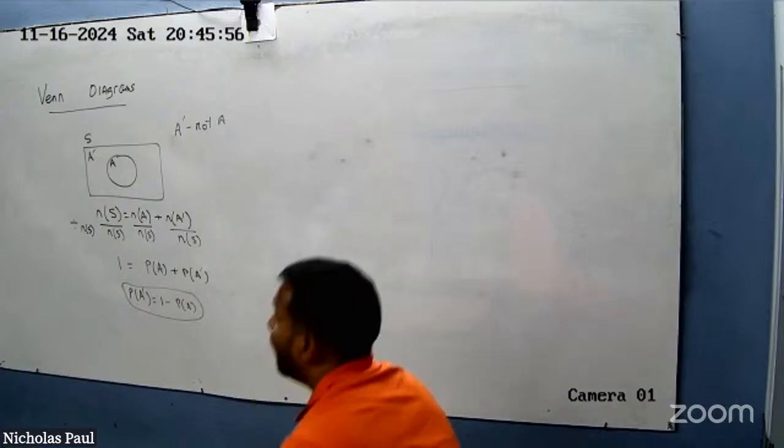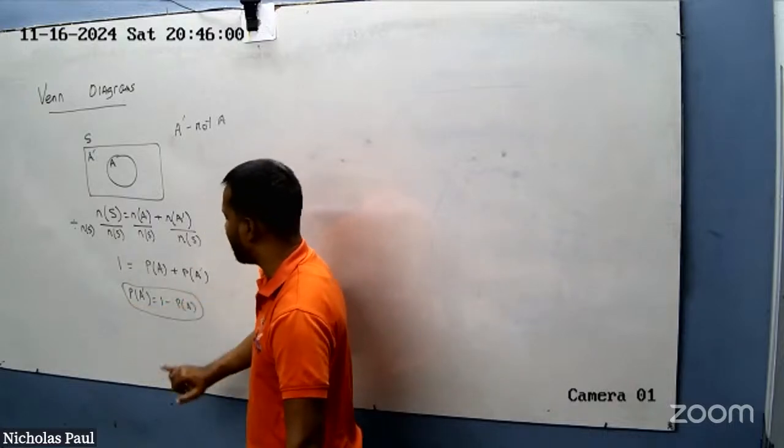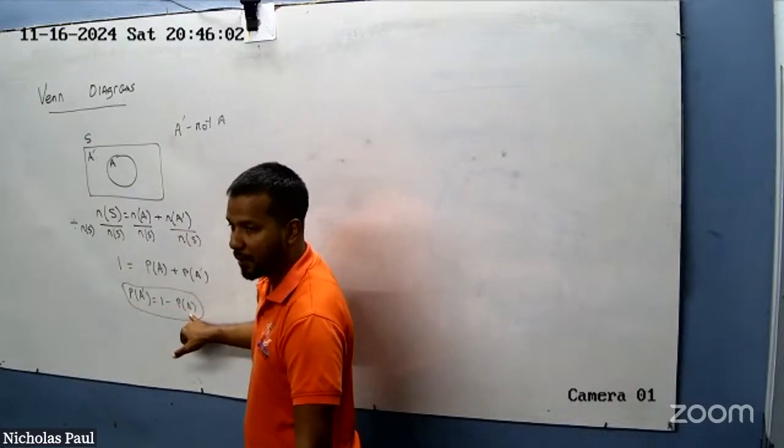So we need to remember that to find the probability of something not happening is 1 minus the probability of it happening.